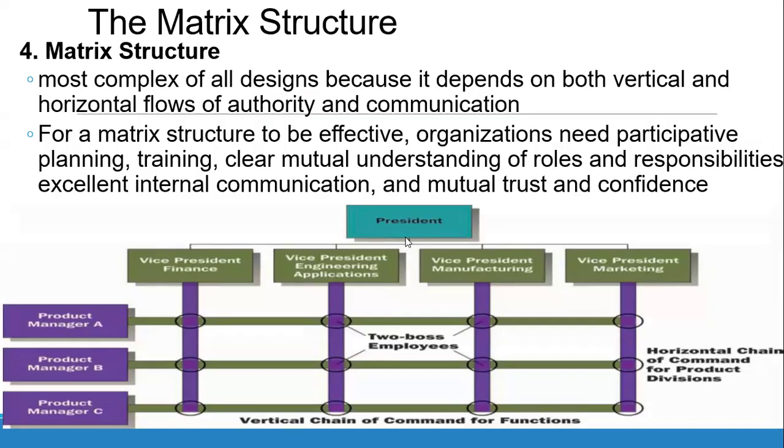So whereas an individual may be reporting vertically to a supervisor, if you look at these vertical lines, this person may be reporting vertically to a vice president finance in, let's say, China, but horizontally to a product manager in South Africa, the same person.